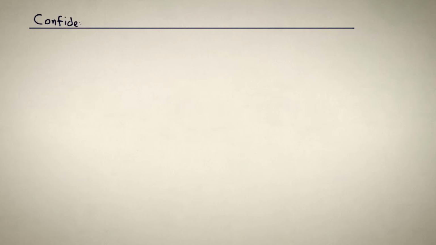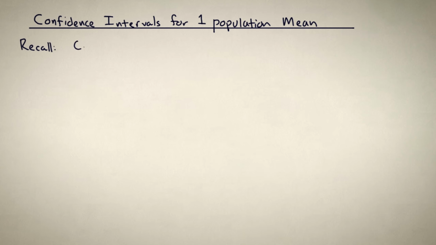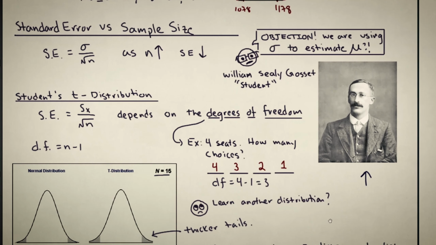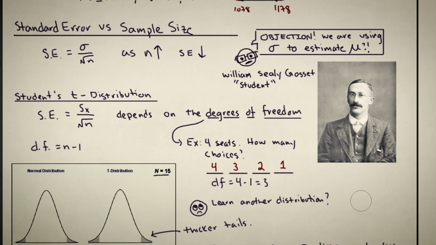I'd like to talk about confidence intervals for one population mean. The math behind solving these problems relies on the central limit theorem, and there are two versions of that for the mean. Remember this guy? He figured out a better way to sample for the mean using the Student's t distribution.